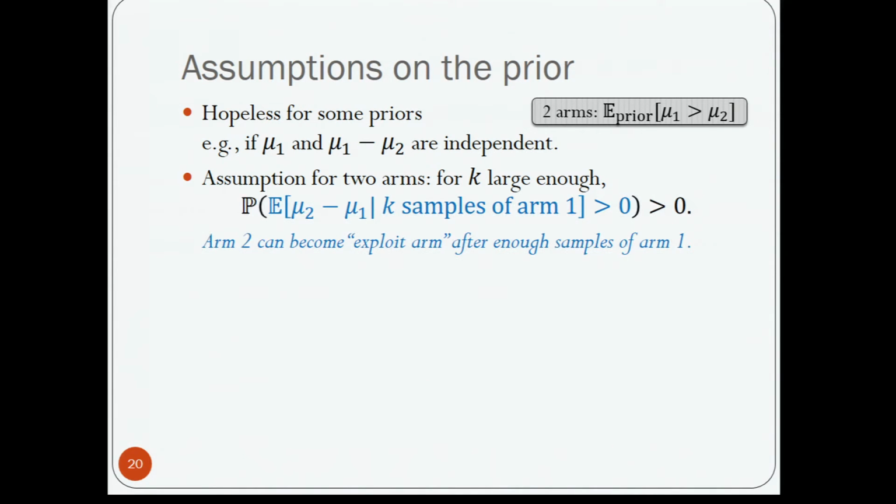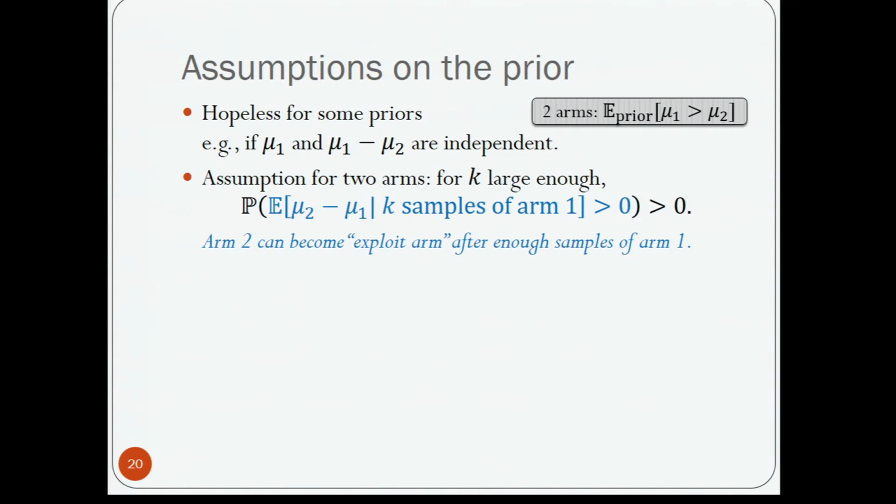And our assumption is as follows. Essentially, if we take enough samples of arm 1, then arm 2 can become the exploit arm. So the blue thing just says that arm 2 does become the exploit arm after k samples of arm 1, and this happens with non-zero probability.